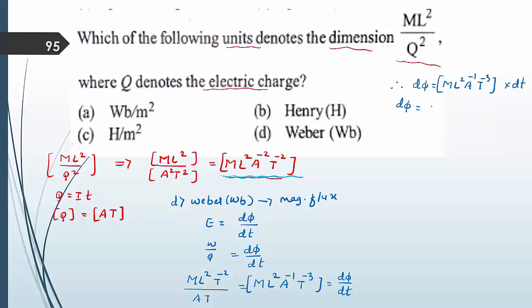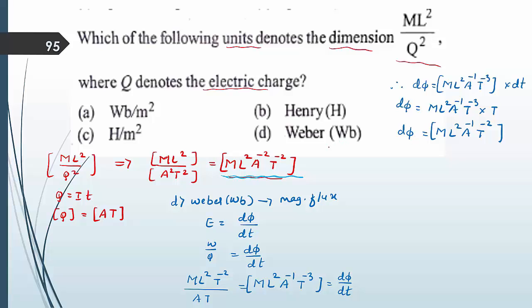So pi equals M L square A raised to minus 1 t raised to minus 3 into t, or pi equals M L square A raised to minus 1 t raised to minus 3 plus 1, which will be t raised to minus 2. This is the dimension for magnetic flux.